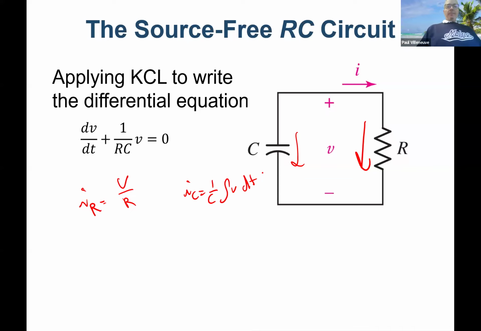And what we can do is sort of back calculate that and solve, and we can see that our derivative of iC is equal to 1 over C times V. So diC dt is going to be equal to essentially V over C, right?